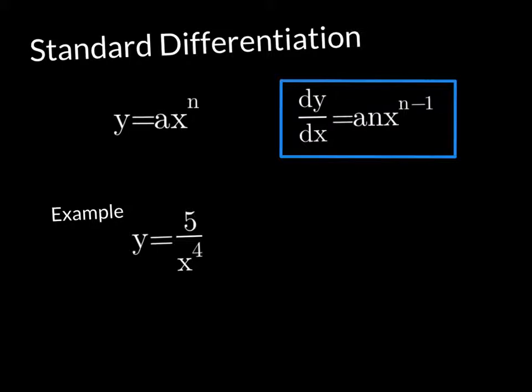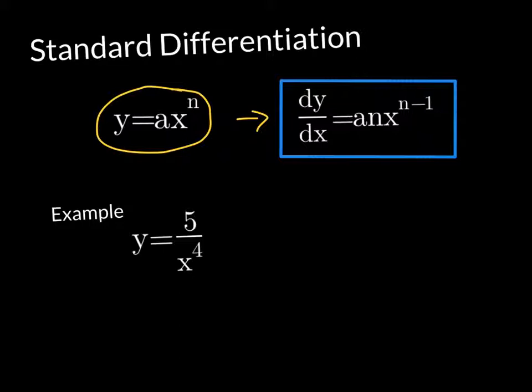So where things can get a little bit more complicated is when the x function is on the bottom line of a fraction, so it's the denominator. And what we have to do is write the equation in this form here, so that we can then use the expression for dy by dx that we have in this blue box.